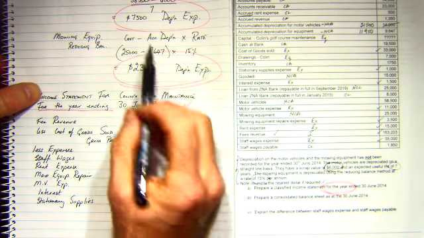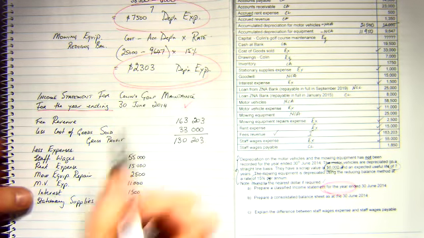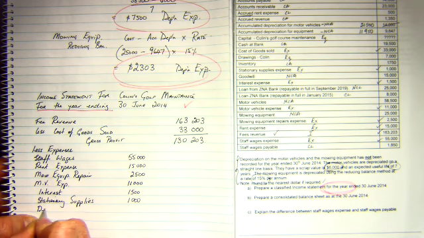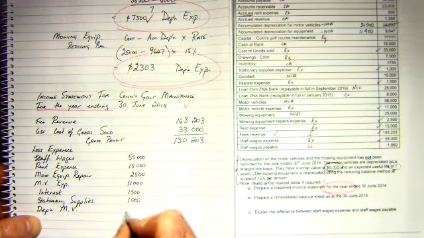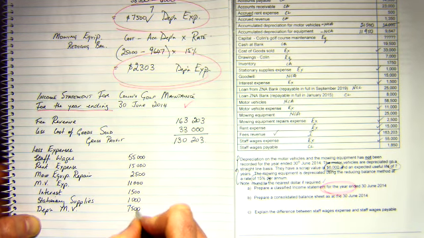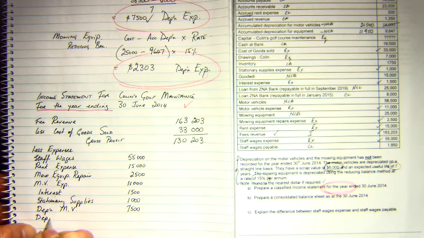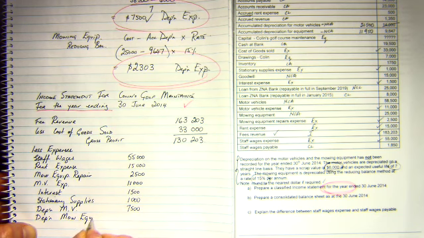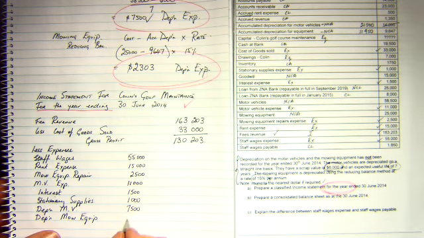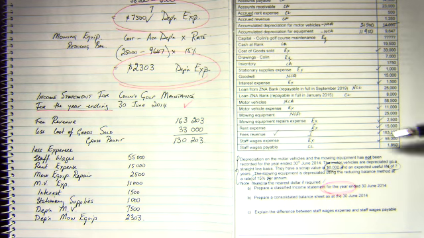Any others that I need to include? Yeah, there's two more, and that's my depreciation here and my depreciation there. So motor vehicle depreciation is 7,500, and my depreciation for my mowing equipment is 2,303. Have I got them all? Let's have a quick look. Any other expenses?